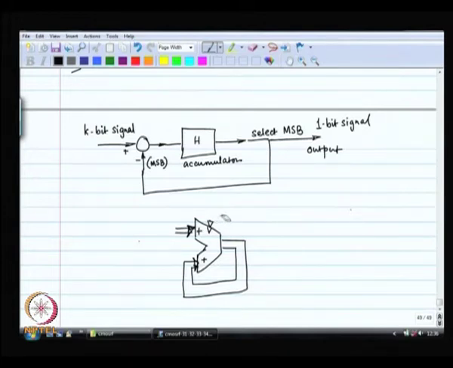So, you could draw it in this fashion, or I think what people would prefer is you put a set of flip flops, a register which is clocked at the output of the adder.